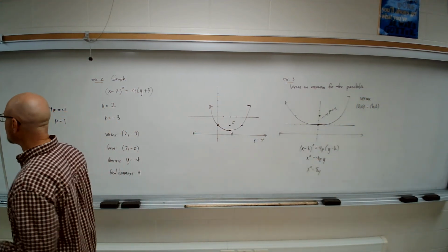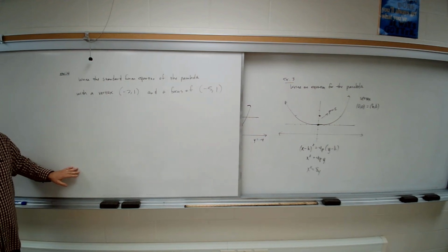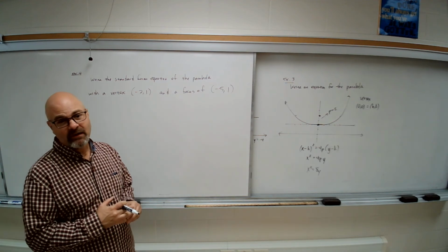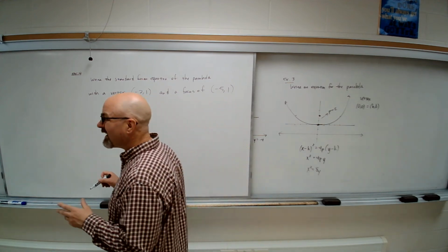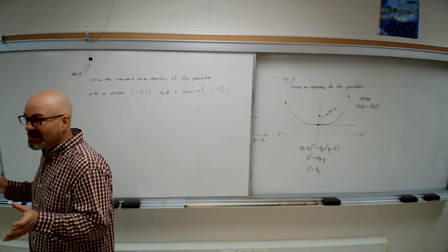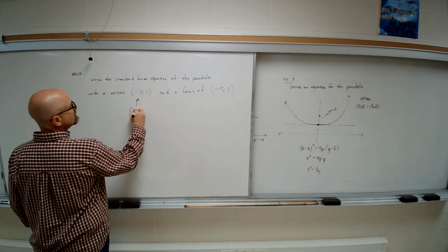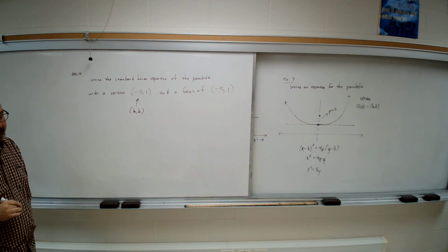And I know we're short on time, so let me get this last one here. Write the standard form equation of the parabola with vertex at (-2, 1) and focus at (-5, 1). What I would do here is if we just plot these, we'll pretty much be done. So if this is the vertex, this is our h and k, correct? That's the vertex.